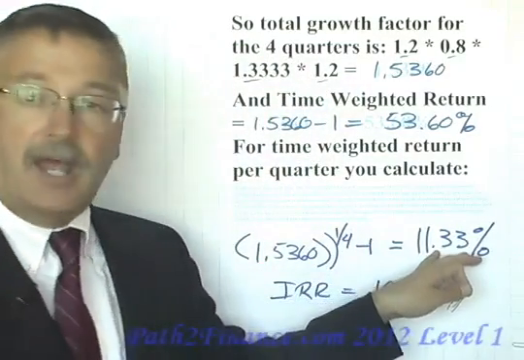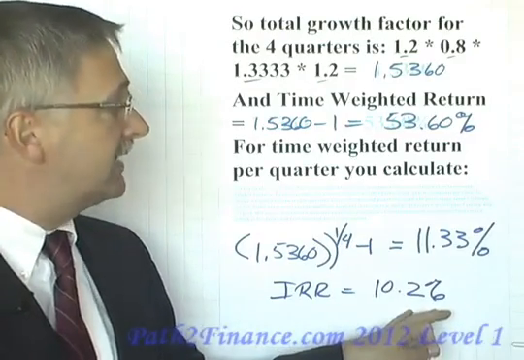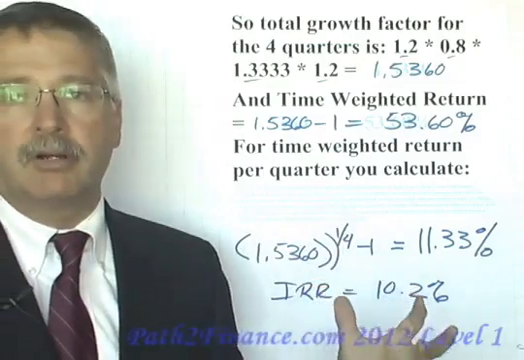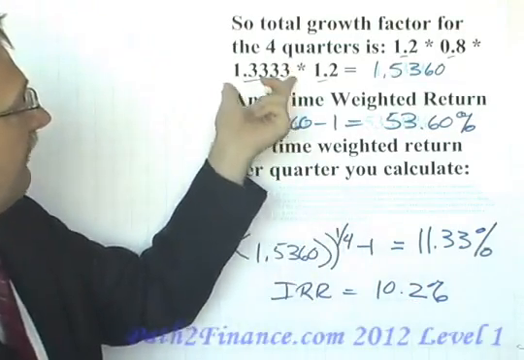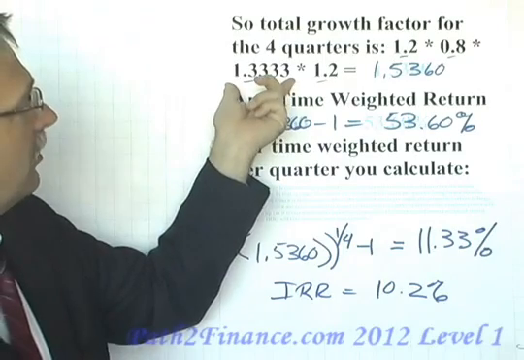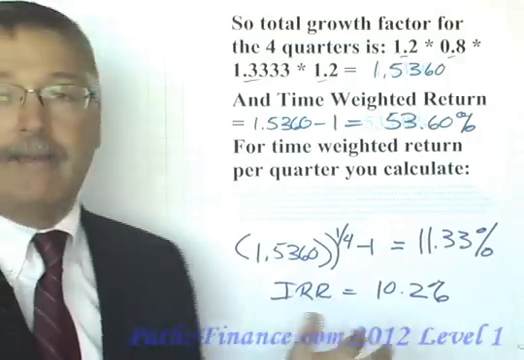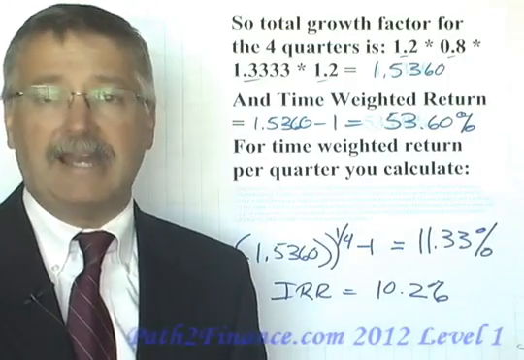So you can see that the time-weighted return was a little bit higher than the internal rate of return. And why is that? Well, that's because the time-weighted return doesn't really capture the amount of money invested in any given quarter. So while the investor had a very strong return in this third quarter here, he didn't have as much at work. The IRR actually captures these differences in the amount invested at any given time.